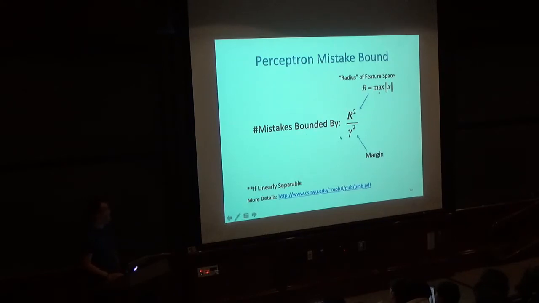So I could just think of R as 1 without loss of generality. What this is basically saying is that as the positive and negative examples get closer together, even though the problem is separable, I require quadratically more updates to get to a mistake-free model.